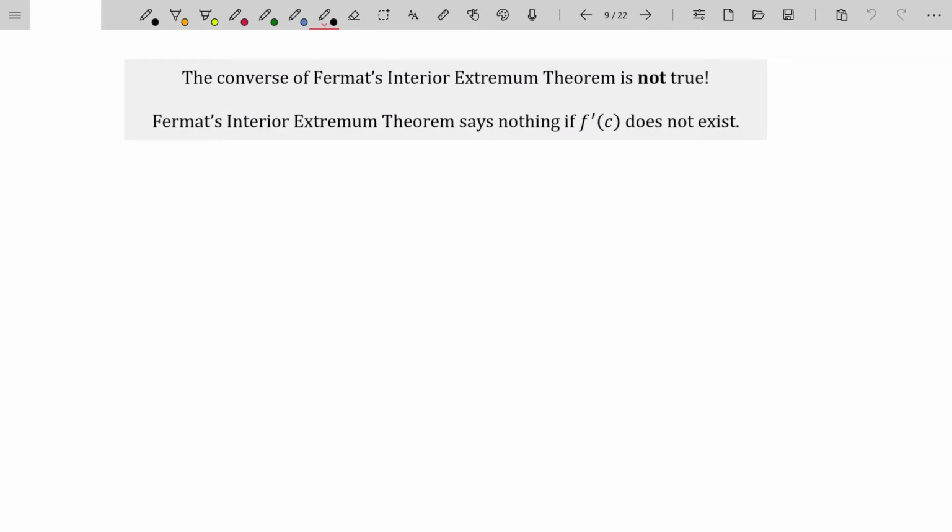Now, the converse of that theorem is not true. Remember, the theorem was if you have a local extreme and the derivative exists, then the derivative is 0. So the converse would be f prime at c equals 0 implies, if it were true, which it's not, that f has a local max or min.